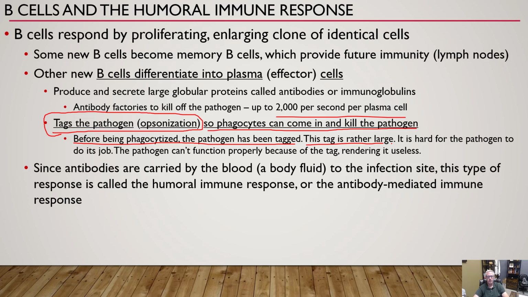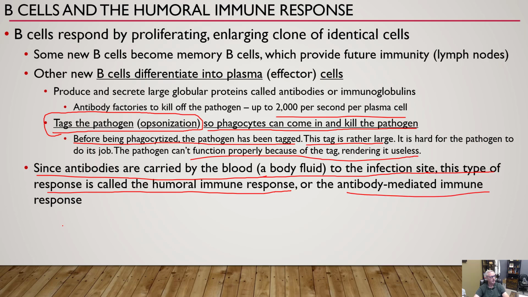Now the pathogen can't really function properly. And then we've produced our antibodies in the blood, and they go to the infection site. And so that's why we call it a humoral response, or an antibody mediated response.